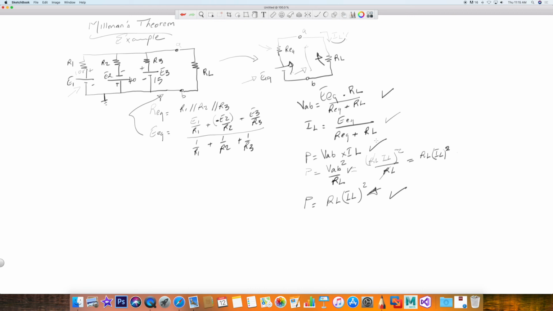If you have VAB and IL, go for it directly. If you only have VAB, go ahead and square VAB and divide by RL, okay? If you already have IL, go ahead and square it and multiply by RL. And that should solve your problem.